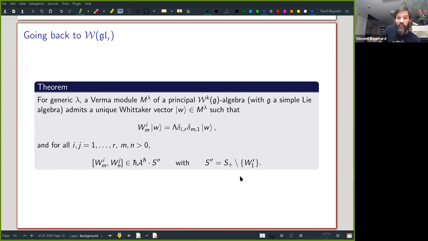And we also proved that this condition that I just mentioned is satisfied. So if you commute any two of these positive modes, you are inside the left ideal generated by all positive modes except the one mode of the highest conformal weight generator. So that's exactly what we need for high array structures.